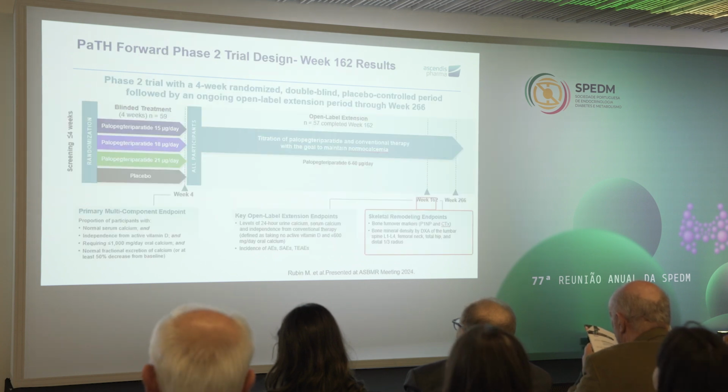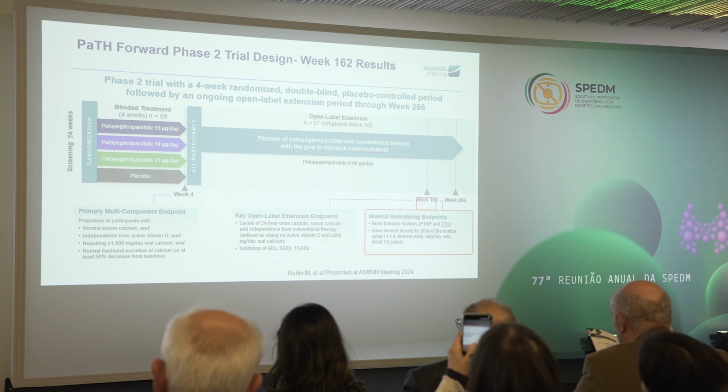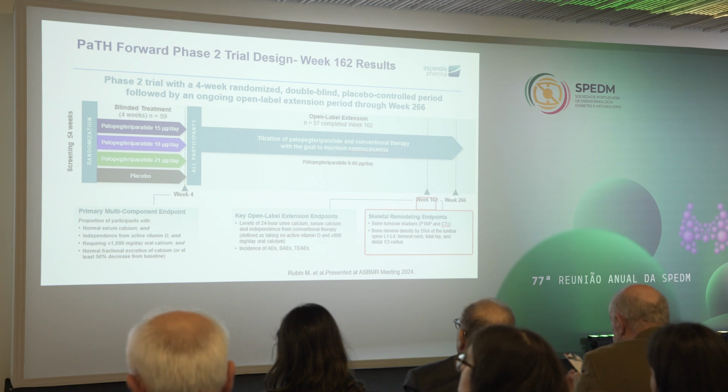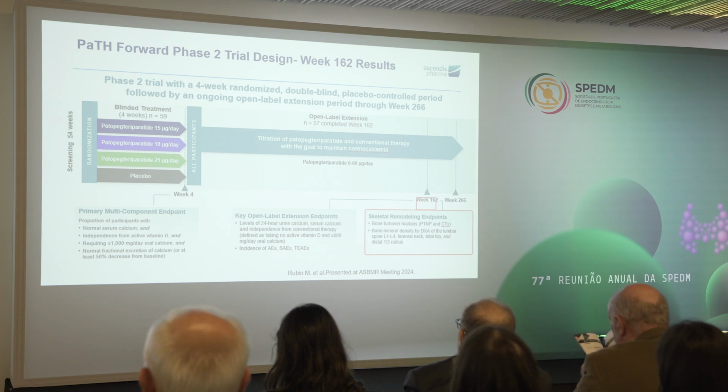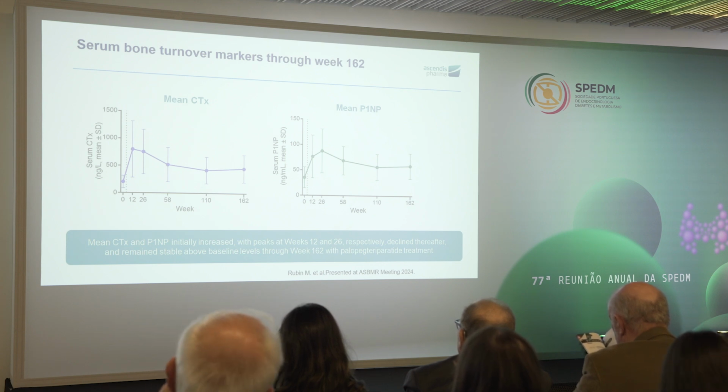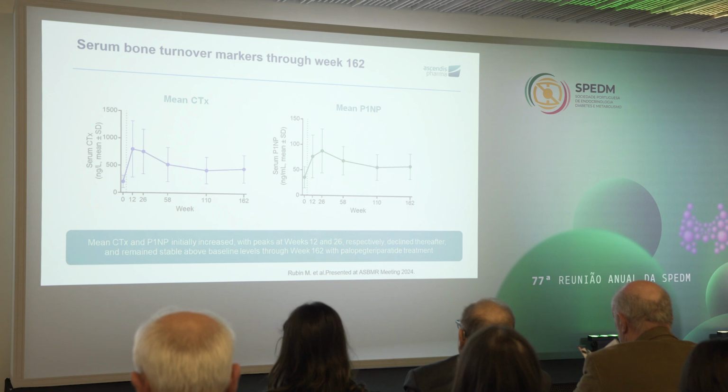So coming now to this second trial, the PaTHway phase 2 trial, I especially want to highlight the skeletal aspects. This was a point that was also raised about patients with hypoparathyroidism and osteoporosis. As is well known, chronic hypoparathyroidism is a state of low bone turnover.